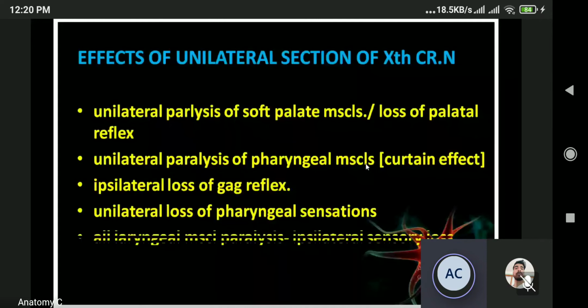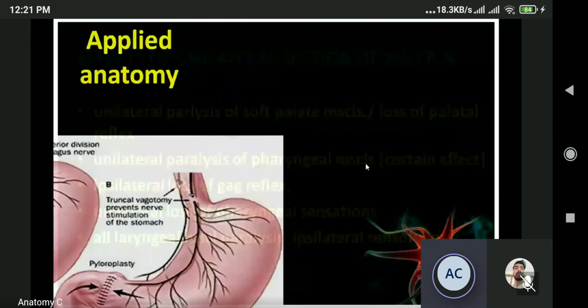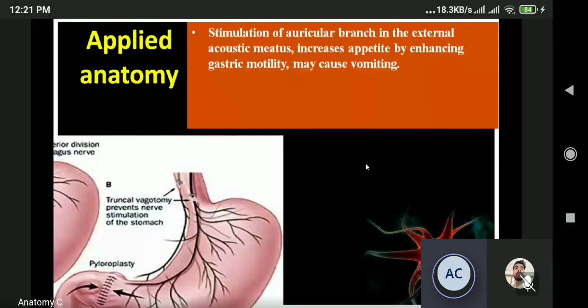The last one is the applied anatomy of the vagus nerve. One of the branches of the vagus nerve is known as the auricular branch, also known as Alderman's nerve. Now, why is the auricular nerve called Alderman's nerve? Because previously, British aldermen used to stimulate the auricular branch of the vagus in order to increase the appetite.